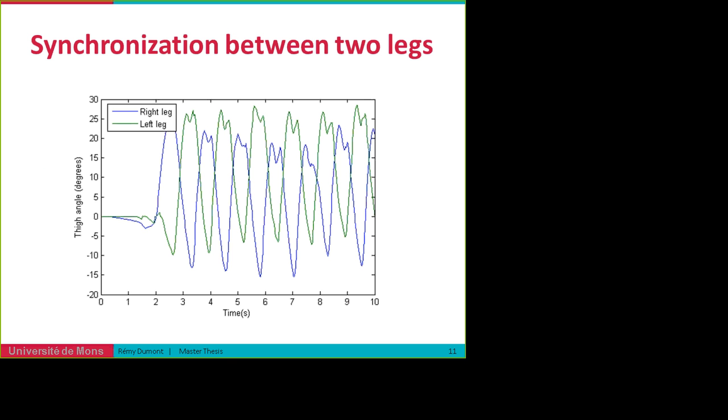So we plotted the two thigh angles of both legs on the same graph, and we can see that all the minima are correlated. To develop an algorithm that can find these minima, we inspected the zero crossing of the derivative of this angle, which is the gyroscopic data that we had at the beginning.